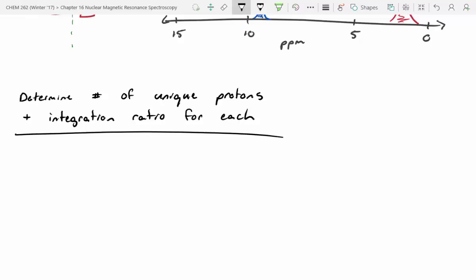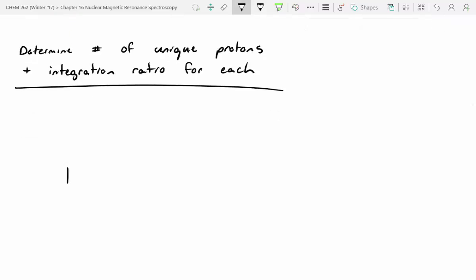All right, so I'll give you guys an example. And I would caution you to check with your neighbor and see if you're agreeing with the number of unique protons in this before you talk about integrations.